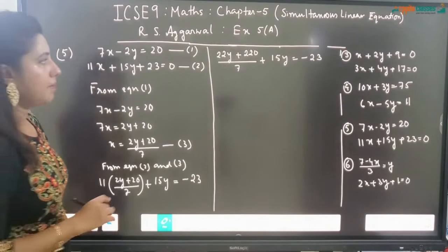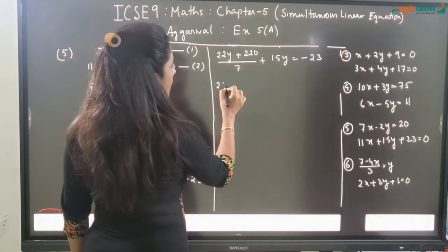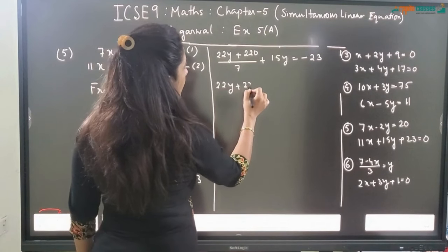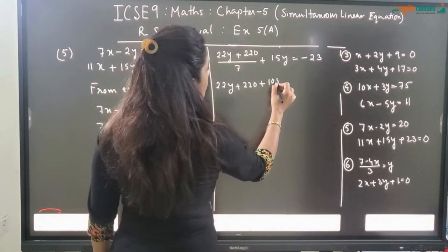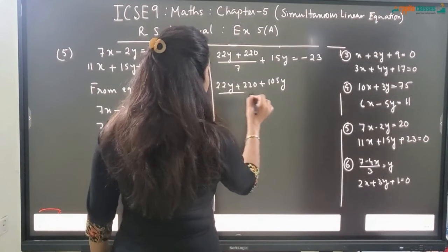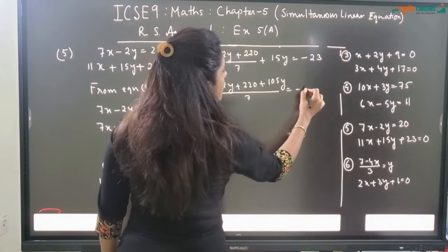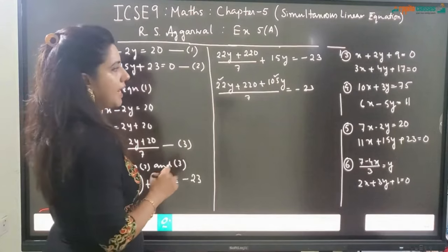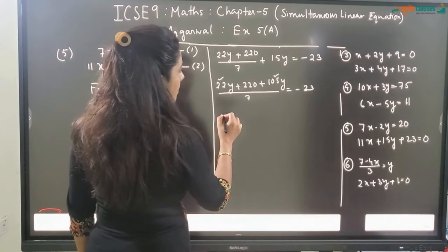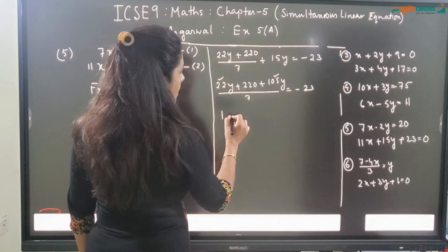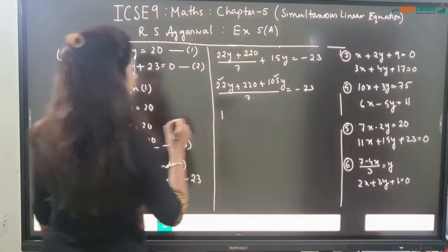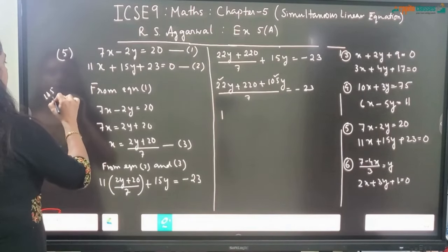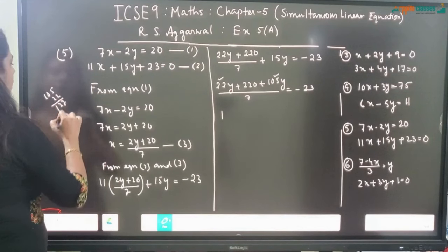Now we'll take LCM. LCM is 7. So we'll write 22y plus 220 plus 105y by 7 is equal to minus 23. Here 105y and 22y, these are like terms, we'll add them together. 105 plus 22 will give me 127.